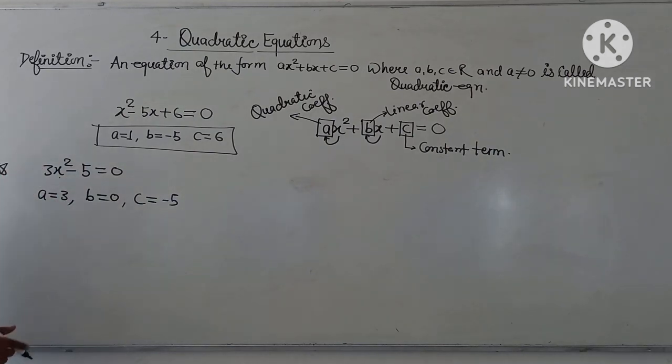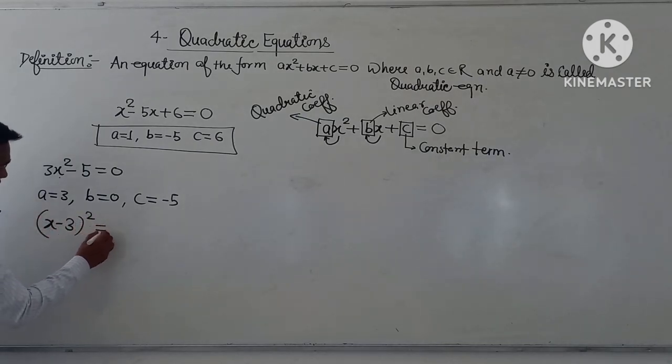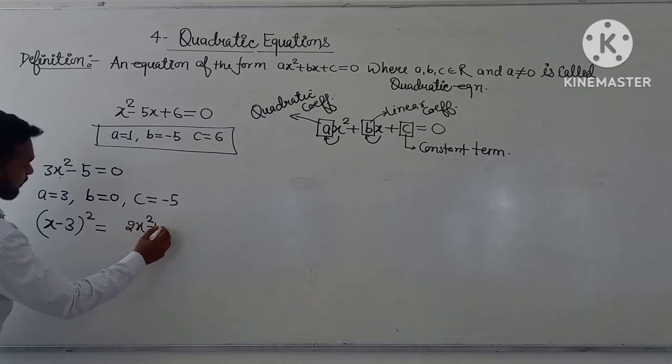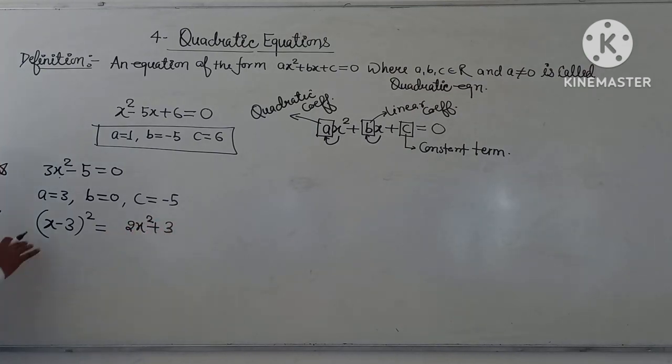Students, another thing: suppose I ask, x square minus (x minus 3) whole square is equal to 2x square plus 3. Is it a quadratic equation or not? First of all, you will solve this using (a minus b) whole square is equal to a square minus 2ab plus b square.